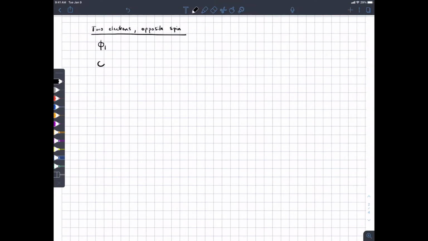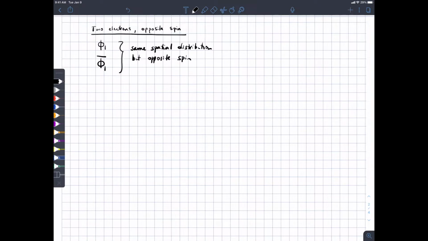And we're going to use the same symbol phi with a bar above it to indicate that these two wave functions have the same spatial distribution, but opposite spin.